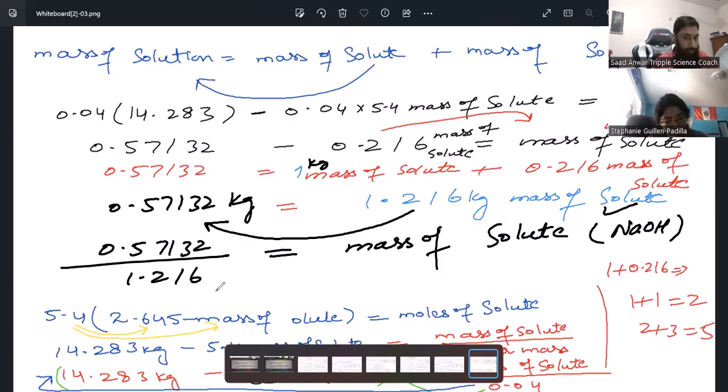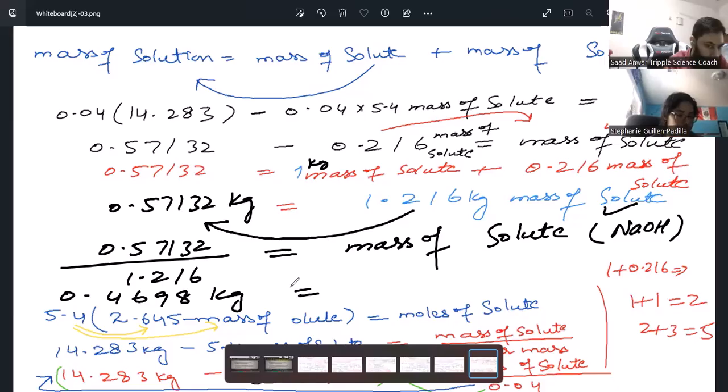So just solve it. It is 0.4698 kilogram. Now just convert into gram by multiplying with 1000. It is 469.8 gram.